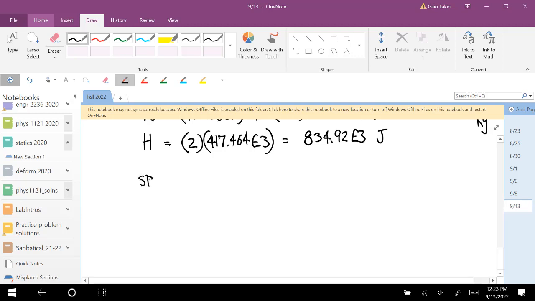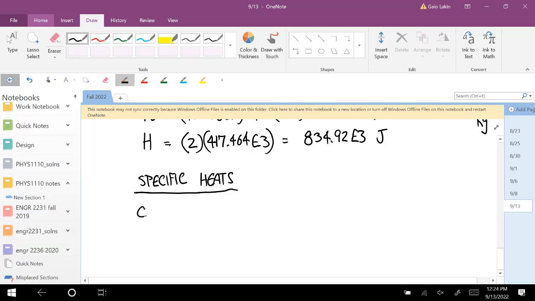So now the specific heats. There are 2 of these, and these are going to come up as one of the reasons that it's useful to have those simplified models that we're going to talk about next. The first one is C sub V, the constant volume specific heat.